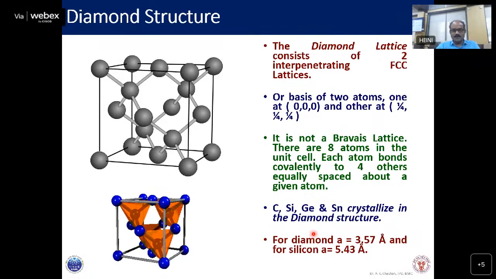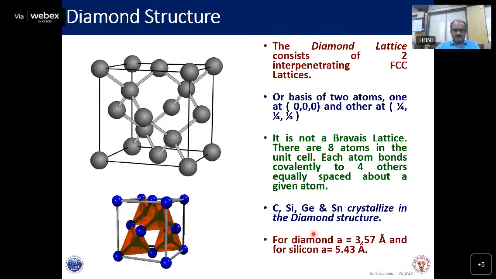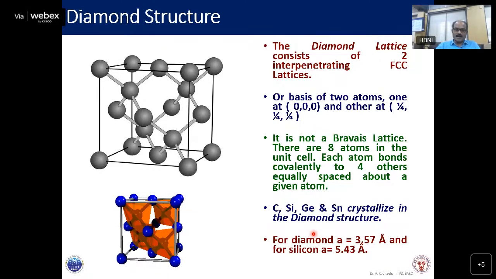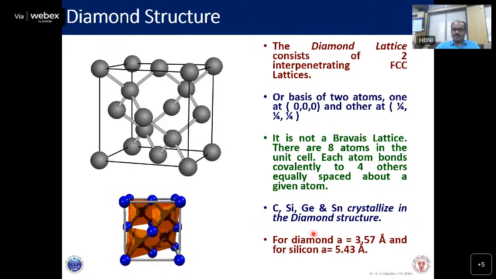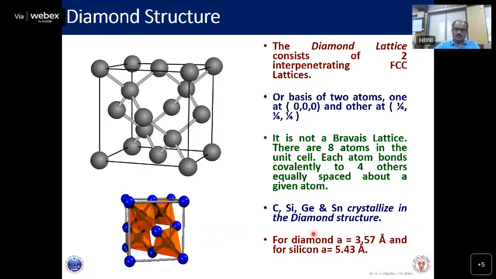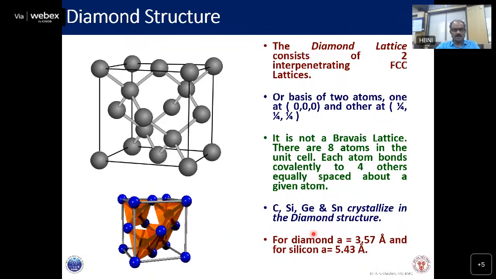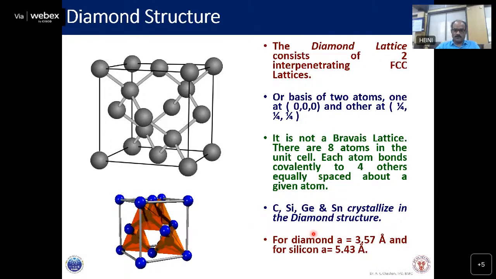This is the difference between a diamond structure and the FCC structure. Always keep in mind that the diamond structure is an FCC structure but with an extra atom, or you can say the basis consists of two atoms, 0, 0, 0 and 1/4, 1/4, 1/4.